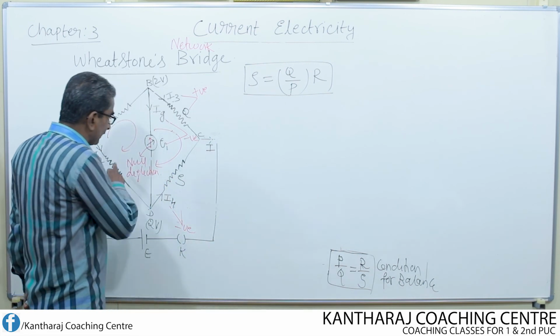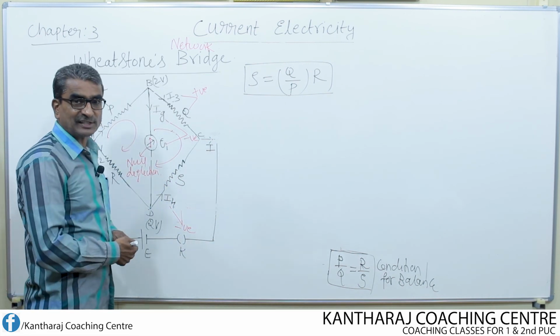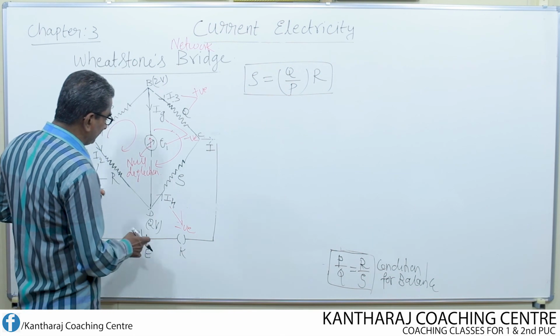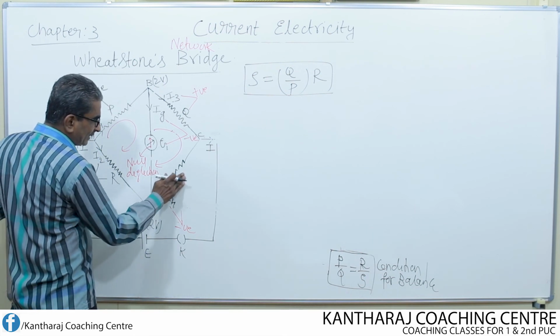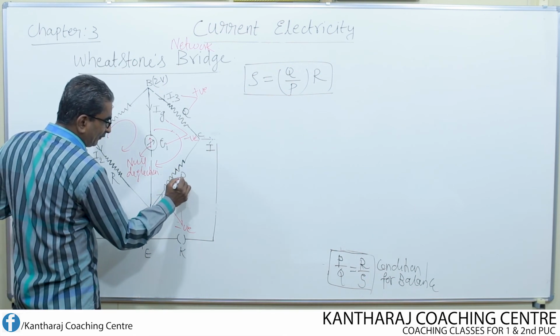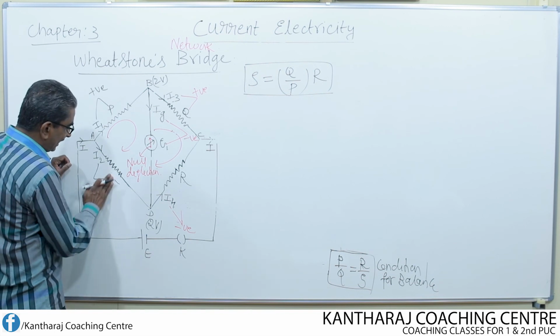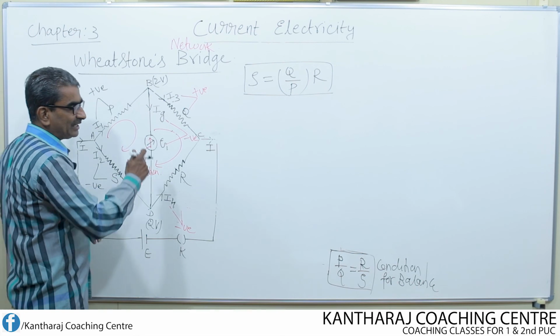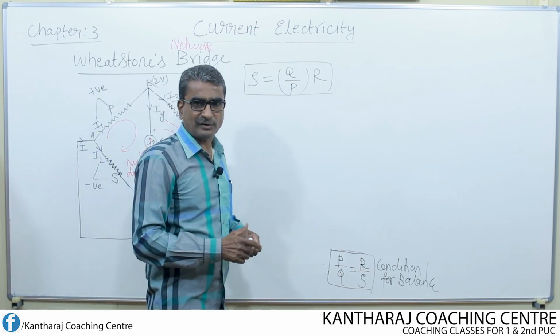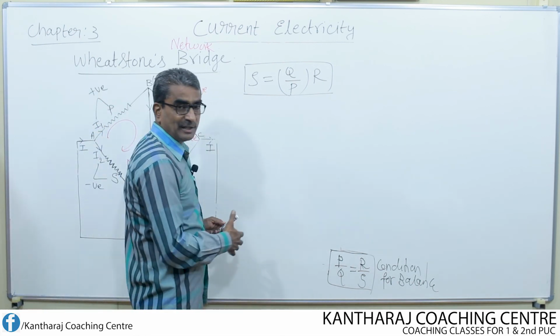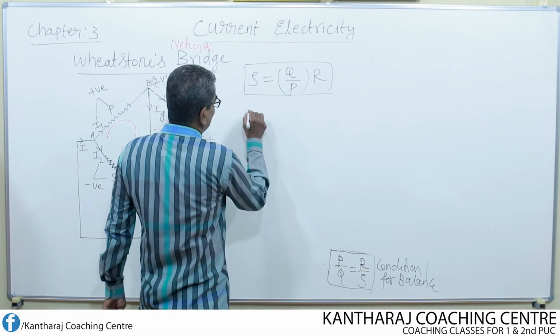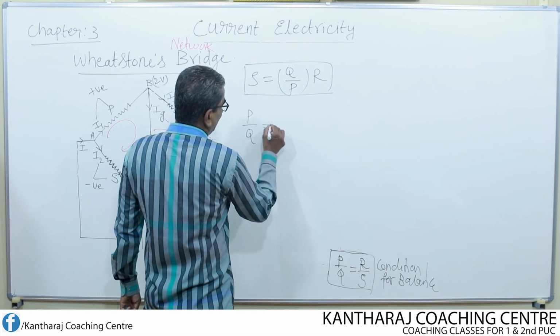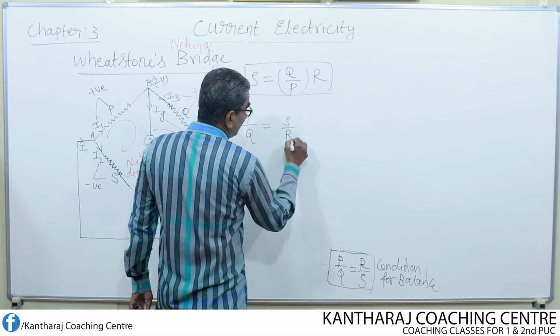Suppose we connect all the resistors in cyclic order, that means instead of considering this resistance as S, I consider this as R and this resistance as S, then for the cyclic order of connection of the resistances, what will be the condition for balance? The condition for balance will be P by Q equal to S by R.